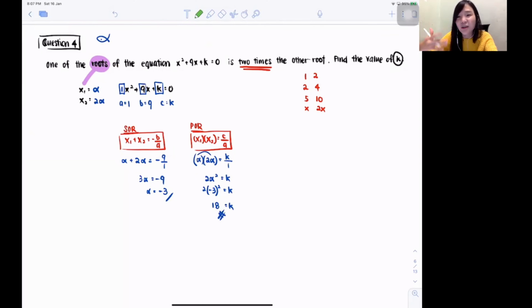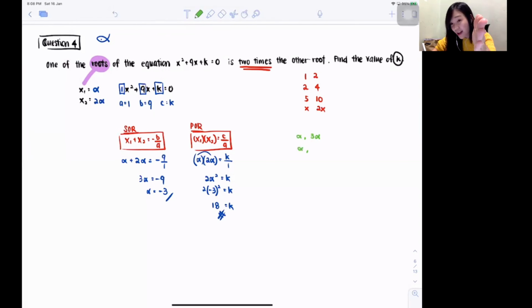But I will just talk through how the other types will come out, so listen to me, so that you know how to do the rest of the questions. Practice yourself. They say one of the roots is 2 times another one, which is alpha and 2 alpha, correct? What if they say one of the roots is 3 times another one? You can write alpha and 3 alpha. Easy, right? Next one. What if they say one of the roots is half of the other one?